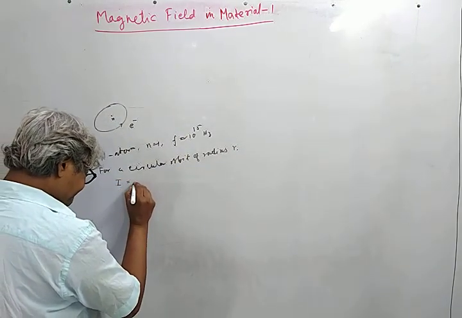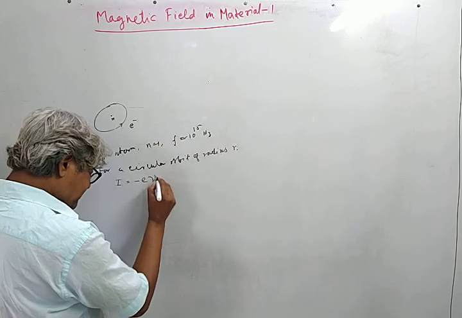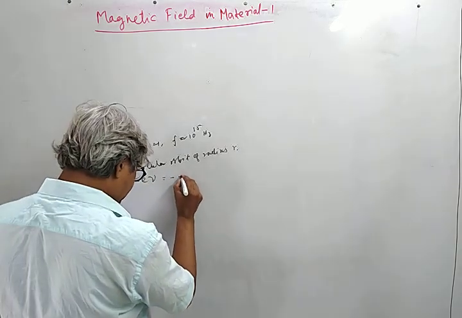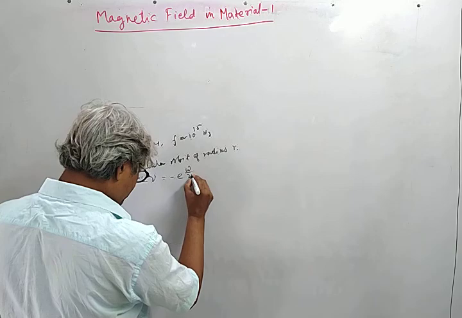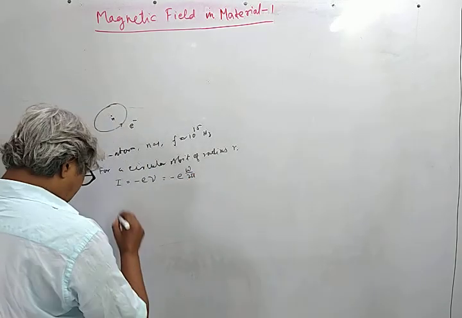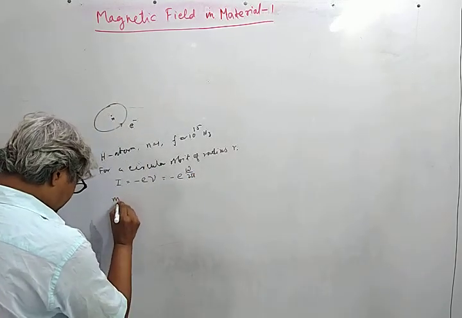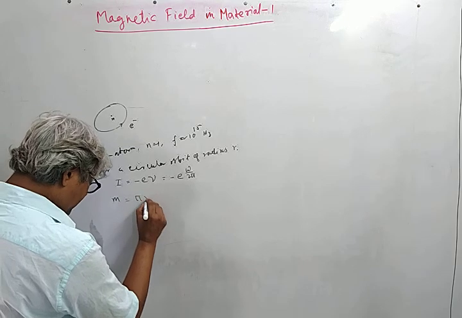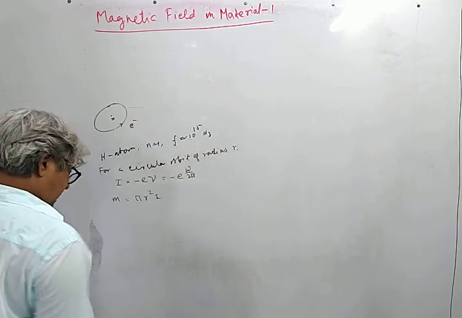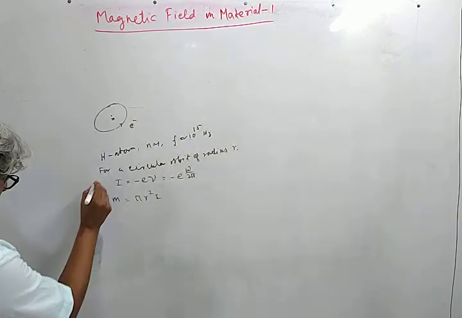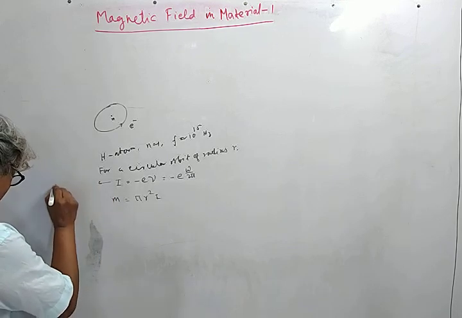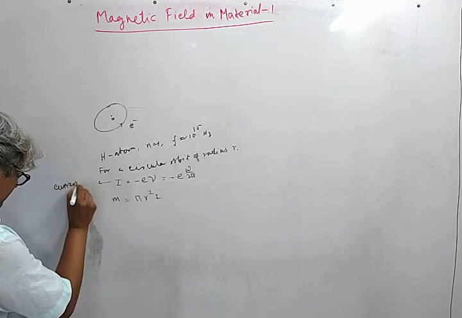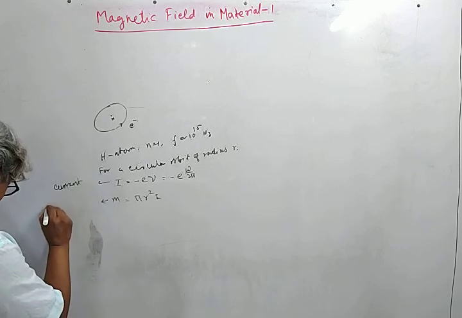Current is minus e times nu, and this is equal to minus e omega upon 2 pi. And the dipole moment is pi r square into the current. This is current. This is dipole moment.